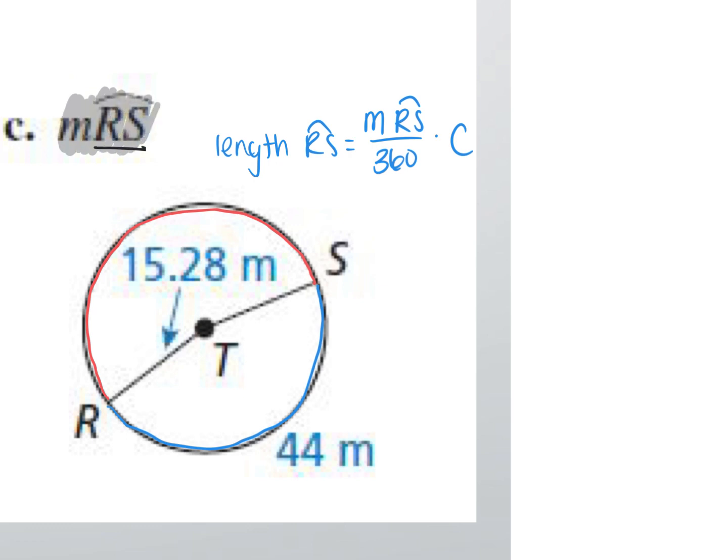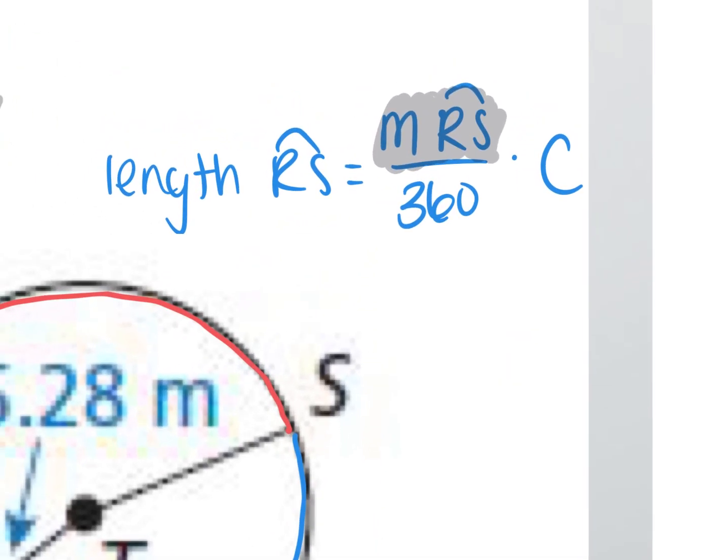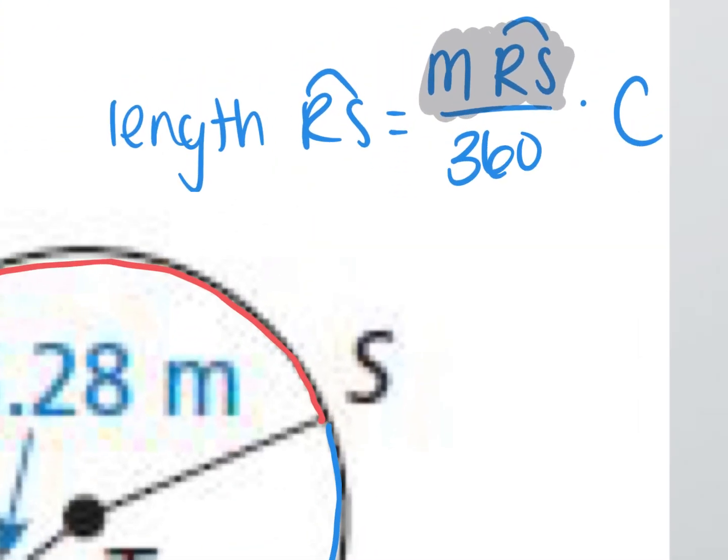So we're going to have to solve for this variable. Do we know the length of RS? What is it? 44. So let's plug that in. It's going to be 44 equals the measure of RS over 360 times, do we know the circumference?